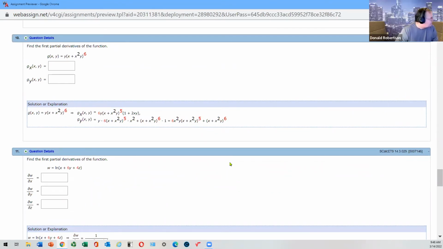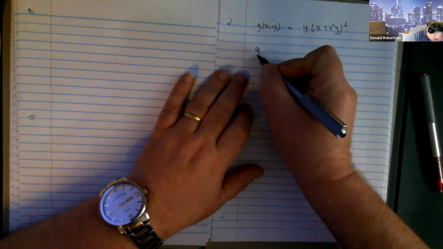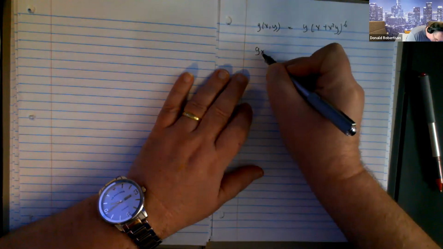Let's get this guy in the road. So it's a chain rule. I can tell that just looking at it. It's actually a product rule and a chain rule. So it's going to be x plus x squared y, all to the 6th again. So if you want to do the partial derivative with respect to x, you're just going to treat y as a constant. So in this case, it's just a chain rule.